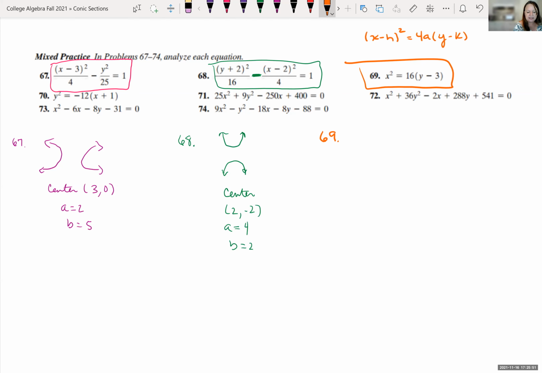If this was positive in front, that told us it was facing up towards the positive y's. I can tell my vertex (h, k): h is 0 in this case, and my k value is 3.